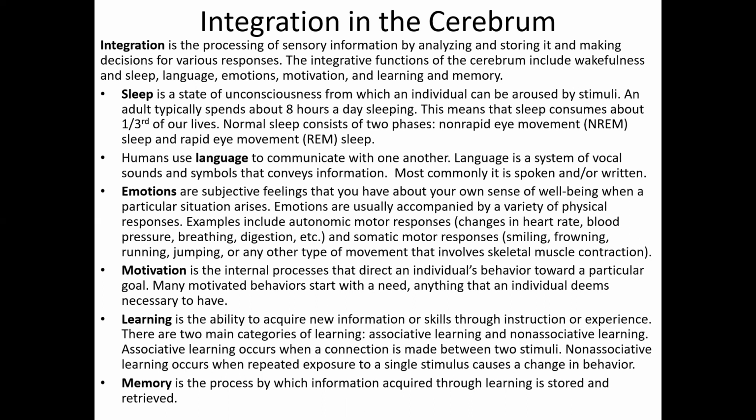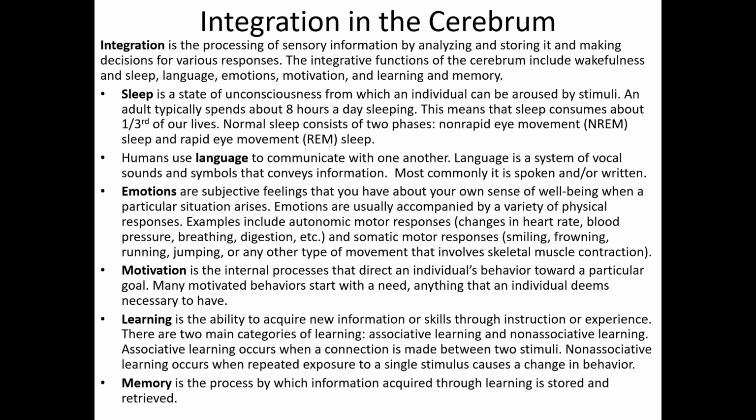Normally, sleep consists of two phases. We have what we call NREM and REM, which are short for non-rapid eye movement and rapid eye movement. Basically, if you're kind of blinking, you're going through rapid eye movement or REM sleep. If your eyes are staying still, you're in NREM. Each of those involves different parts to it. I think there are 4 or 5 different stages of NREM.